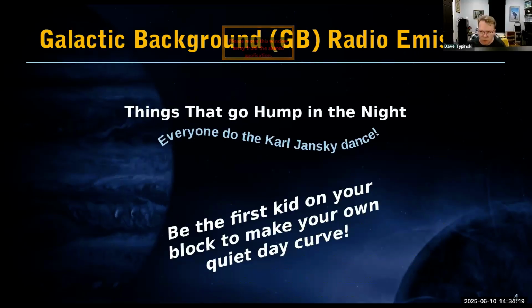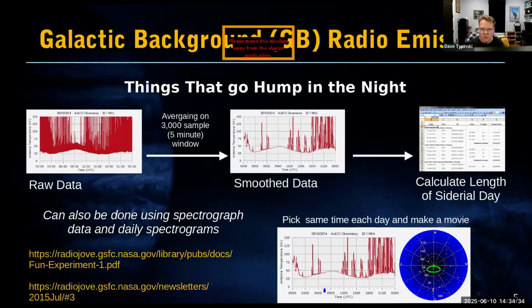A real easy one for Radio JOVE people with just a single or a dual dipole: you can recapitulate Jansky and just look for the galactic hump. Or you can go pretty advanced and actually make a quiet day curve. The things that go hump in the night: basically you just take raw data every day for a year or so.